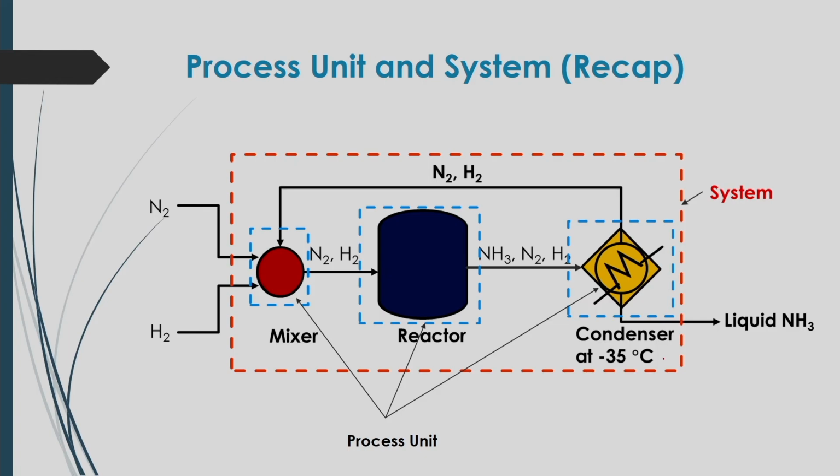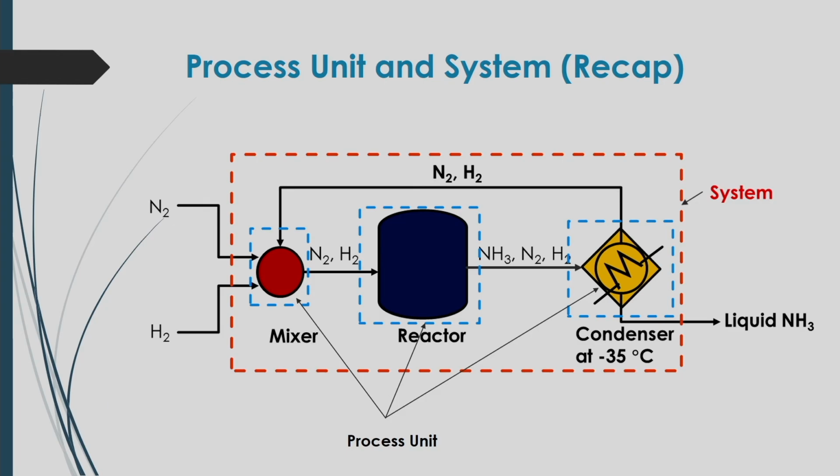Nitrogen and hydrogen gas will be mixed in a mixer, and then at a certain pressure this mixture will be sent to the reactor, where the nitrogen and hydrogen react at a certain temperature and pressure, forming ammonia gas. Unreacted nitrogen and hydrogen along with the ammonia come out from the reactor.